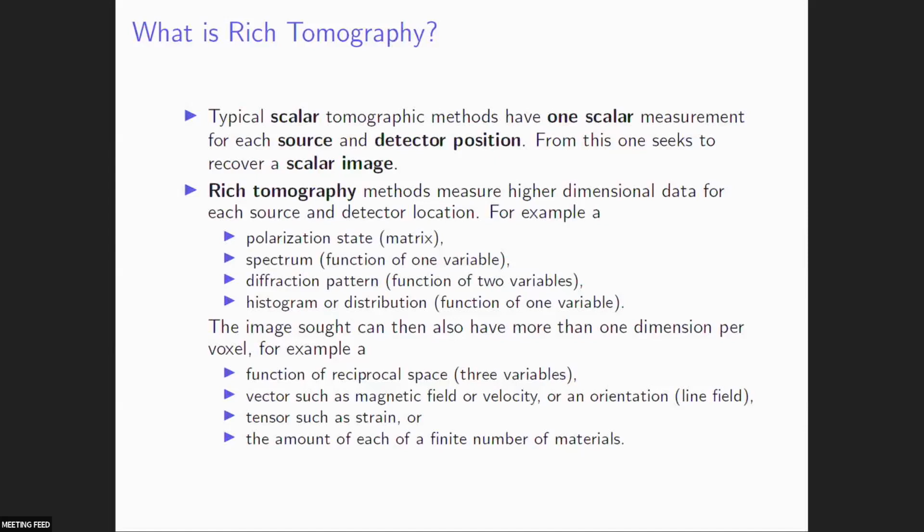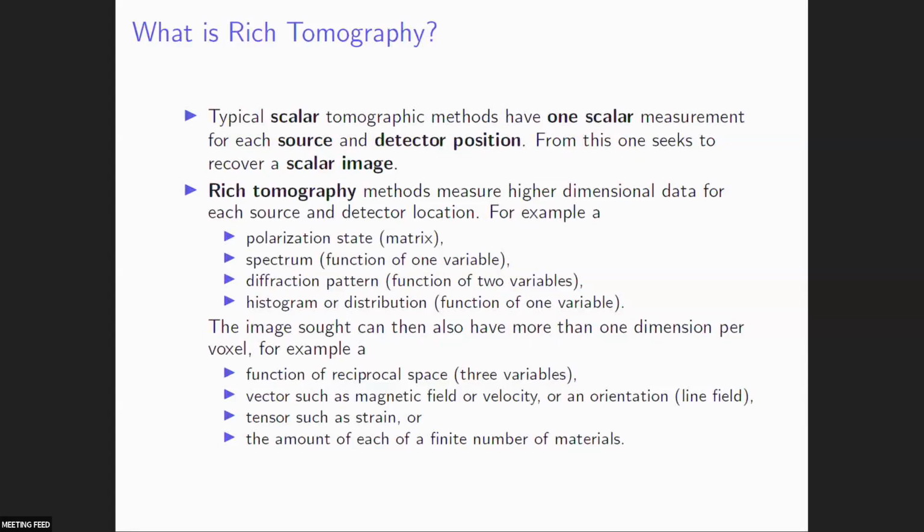Right? So the idea of rich tomography is that we will measure a higher dimensional type of data for each line. So, for example, a polarization state, which would be a matrix, or a spectrum, or a diffraction pattern that's like a 2D spectrum, or a histogram or distribution of something. So there's a number of things that we can measure that are much richer than just a scalar per line, and that allows us to seek to recover something more complicated.